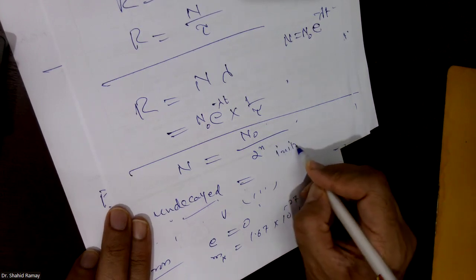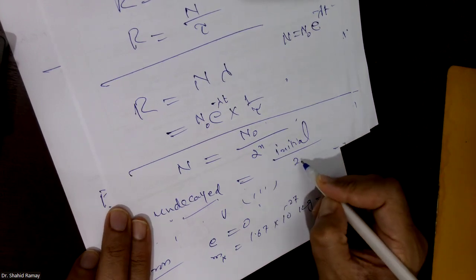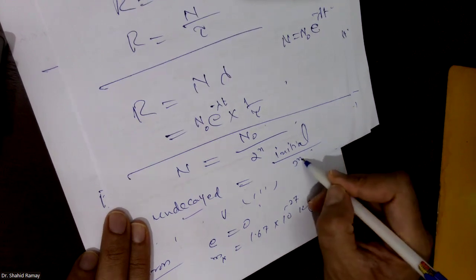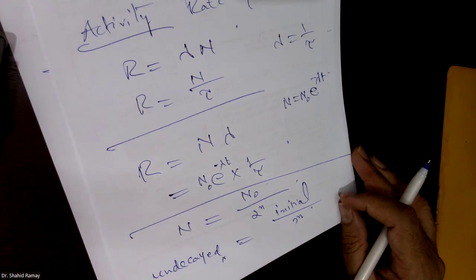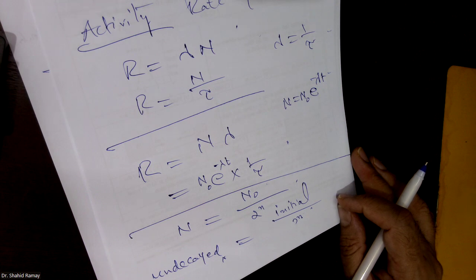So you can say the initial divided by 2 raised to power n, and small n is the number of half-lives. How to find this number of half-lives and other things, we will see later.